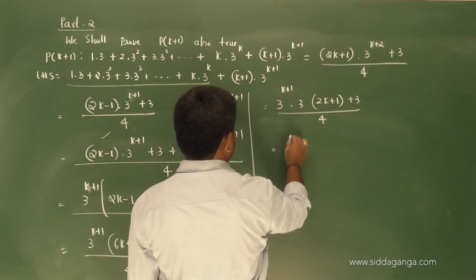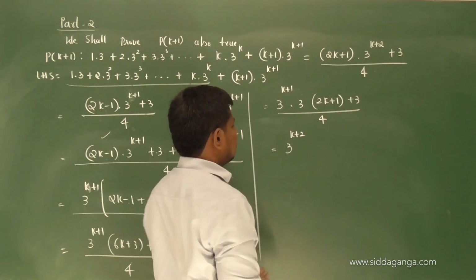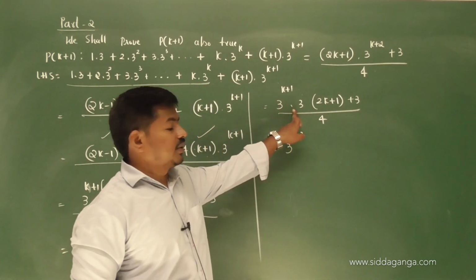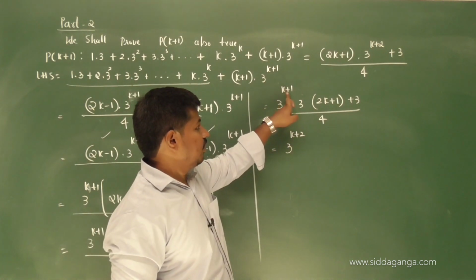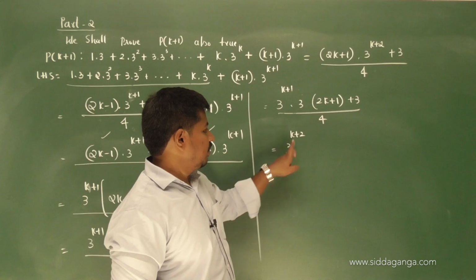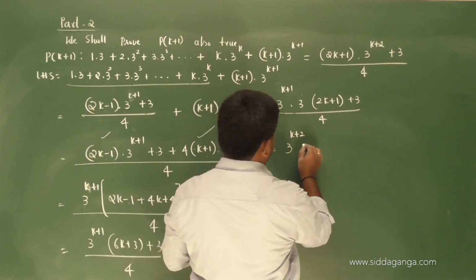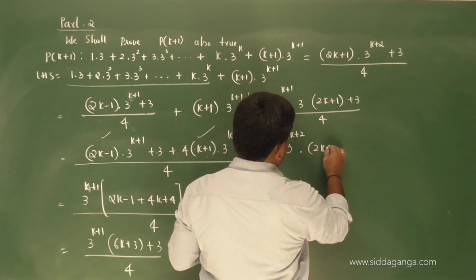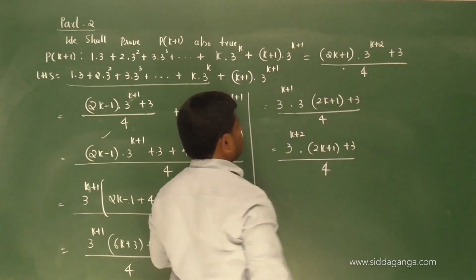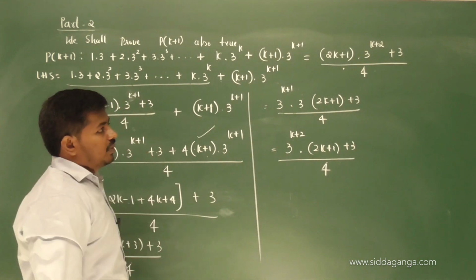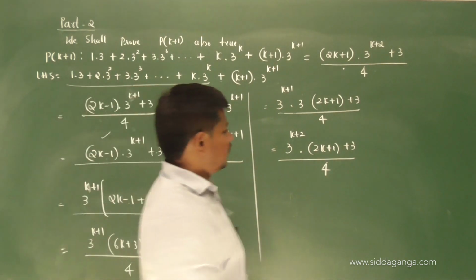You get 3 power of k plus 2 using the rule of powers. We have the same base. So 3 power of k plus 2 into 2k plus 1 plus 3 whole divided by 4. That's the RHS: 2k plus 1 into 3 power of k plus 2 plus 3 whole divided by 4. Yes, which is RHS.